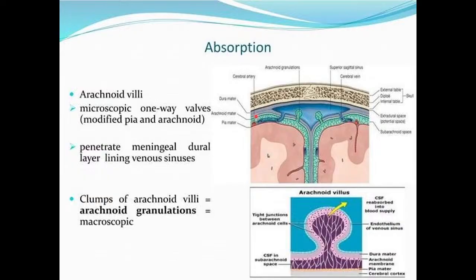This is a coronal section cut through, showing the sagittal sinus. This is the midline of the body showing the sagittal sinus and the two halves of the cerebrum. In between there is the sagittal sinus and falx cerebri.